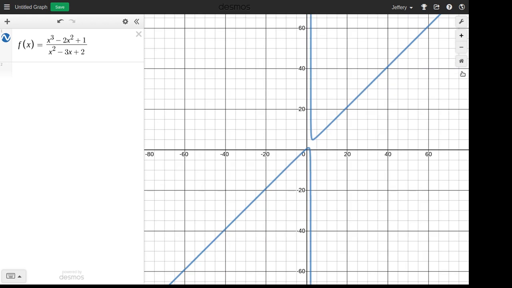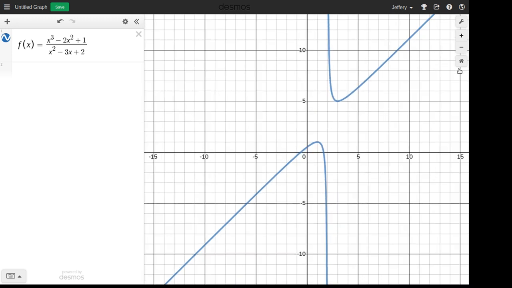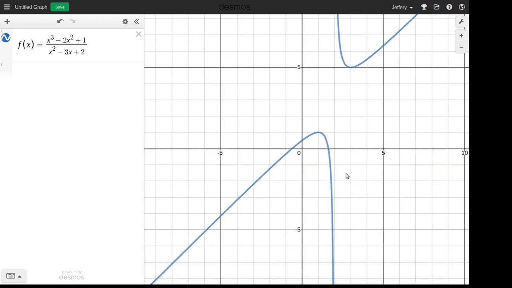But as I get closer to it, something is happening up and down, and there seems to be a gap here, right? And this gap comes about because I can't divide by 0. And in this bottom function, there might be a place where 0 comes into play.